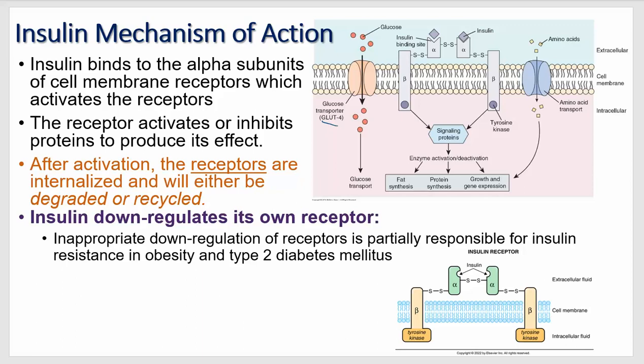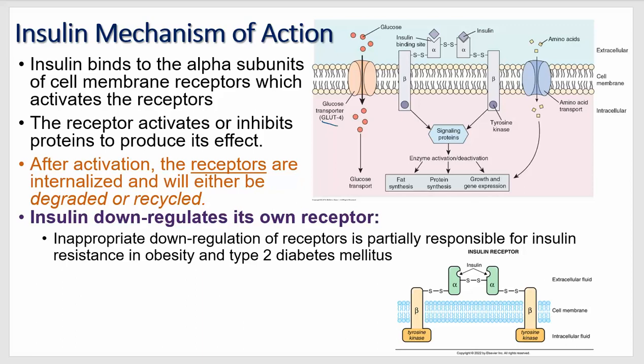So overactivation of the insulin receptors. If you have a little bit of insulin, or insulin that's released after a meal, and it's running around in your blood, you could see a situation where, if these receptors are just out there and the insulin isn't broken down very rapidly, it's just going to keep activating these receptors, and all the glucose is going to move into the cells, and your blood glucose is going to drop too much.